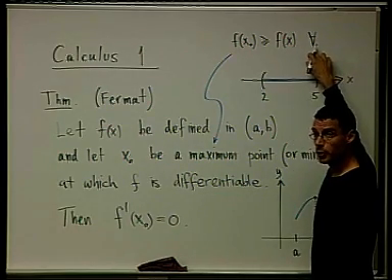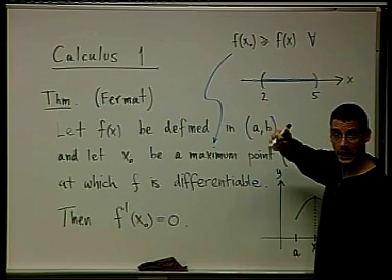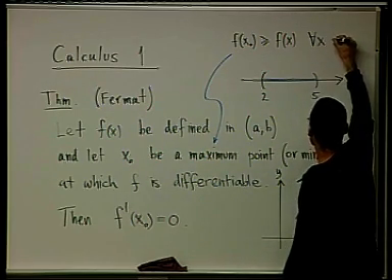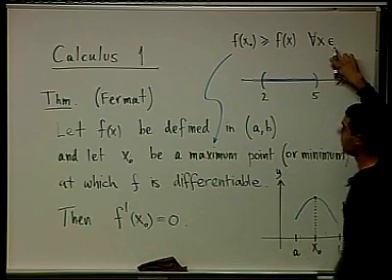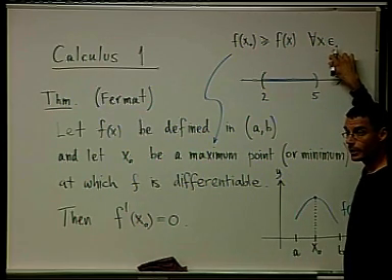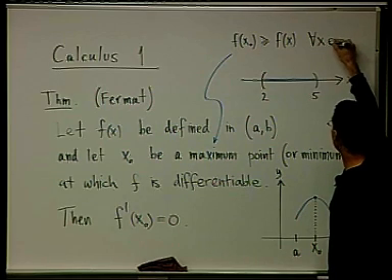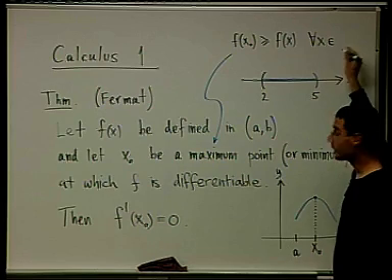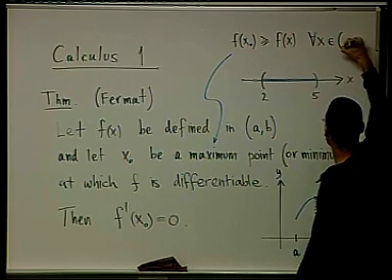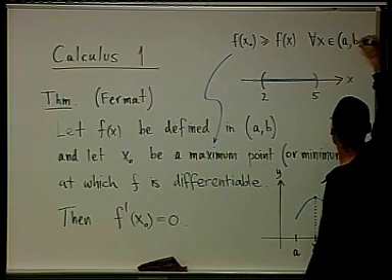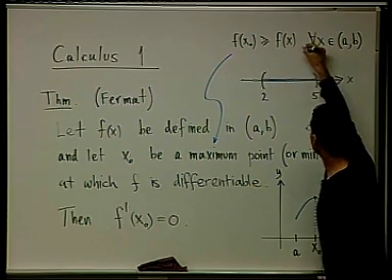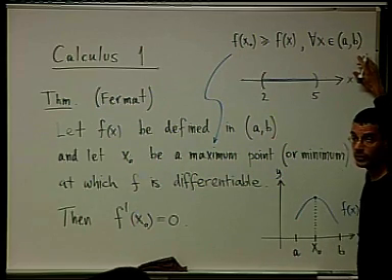This symbol means for any. It's like an upside down A. Okay? For any x which belongs to, do you know this symbol? Okay, so this is kind of like the symbol of the euro currency. Okay? Belongs to the interval, the open interval (a,b). This is what it means for x0 to be a maximum.